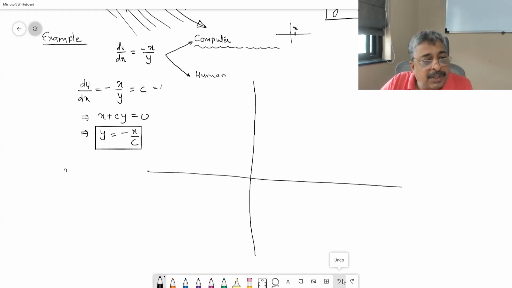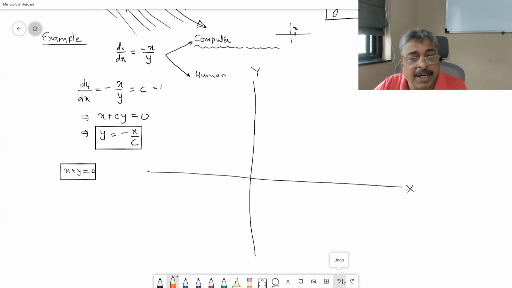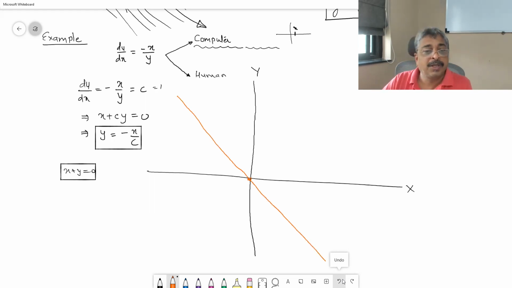Then my equation is x + y = 0, so I know this line in the xy plane. I draw y = -x, a line like this passing through the origin, and every point on this line will have slope 1.